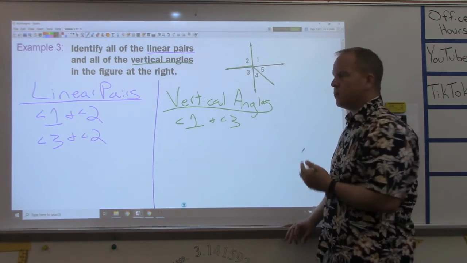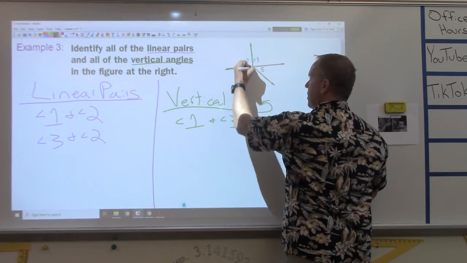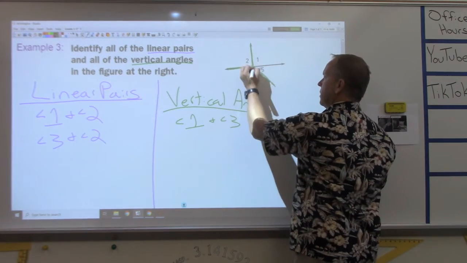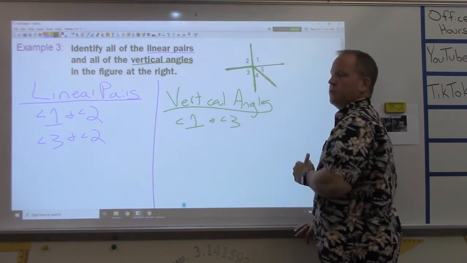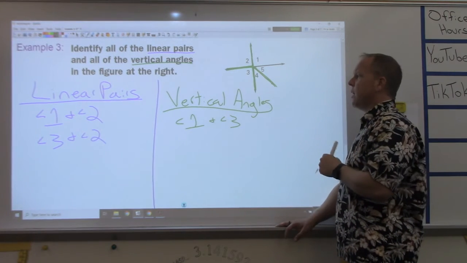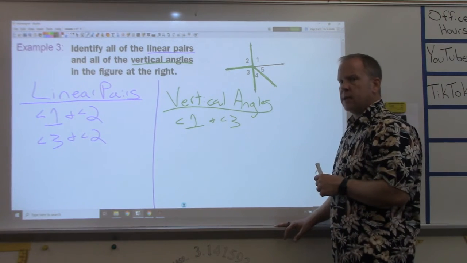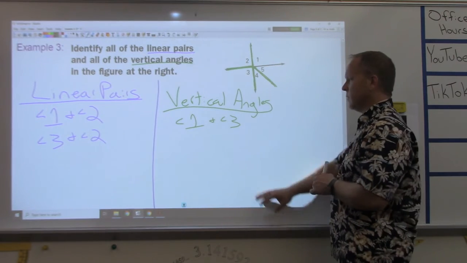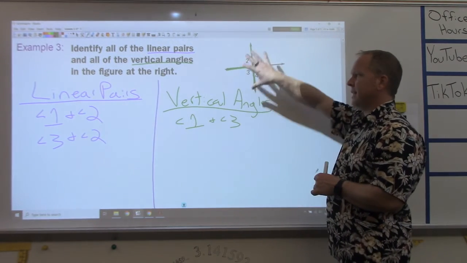See what happens here when you trace angle 4? There's a straight line right here. Great. This, however, is not a line. So since that is not a line, angle 2 and angle 4 are not vertical angles. Same case, neither is angle 2 and angle 5. They are not vertical angles. There's only one pair of vertical angles in this given diagram.